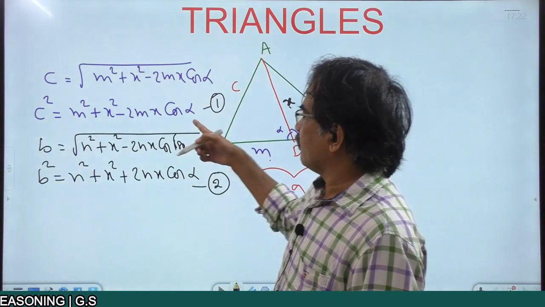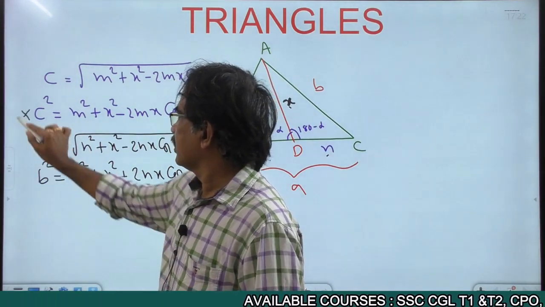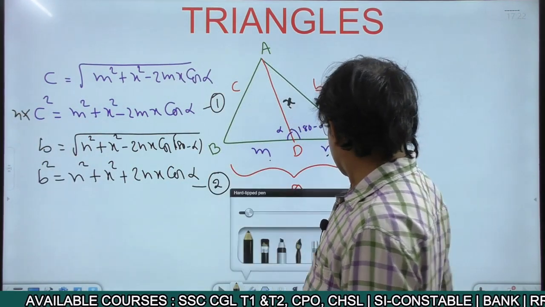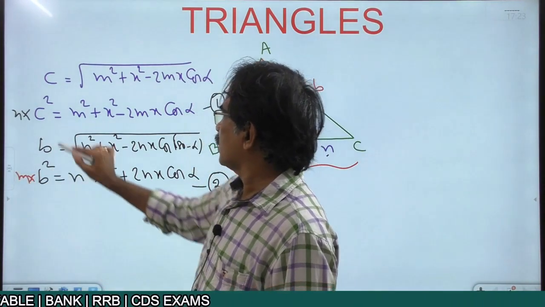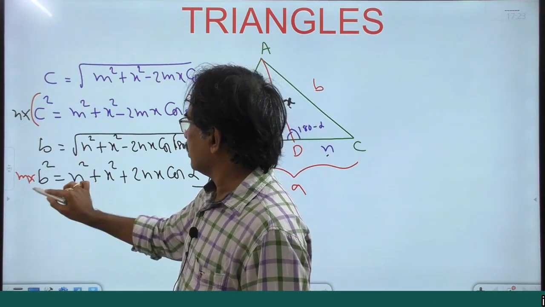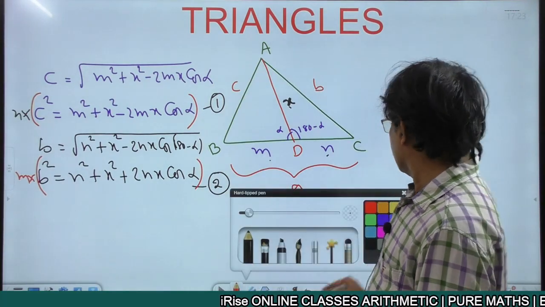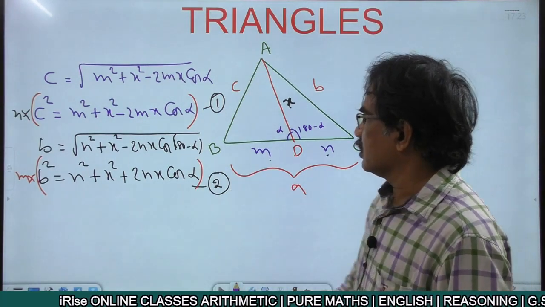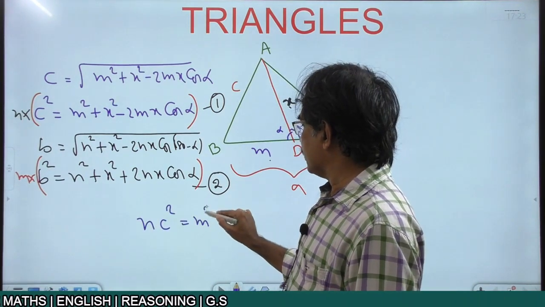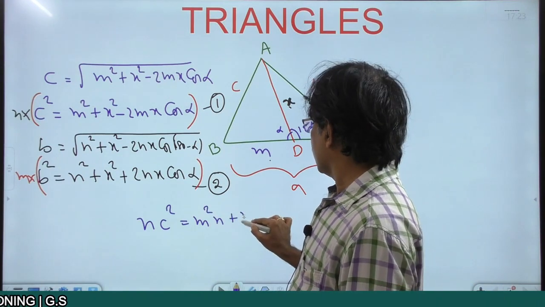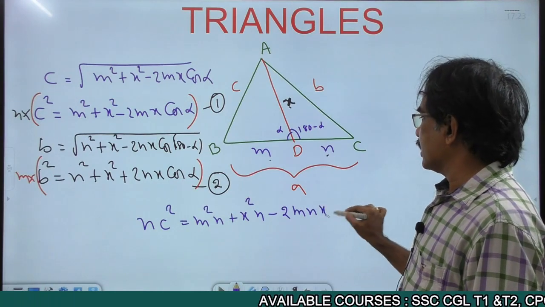I want to multiply the first one with n, and this one is multiplied by m. Then what do we get? The total is multiplied by n. So nc square is equal to m square n plus x square n minus 2mnx cos alpha.